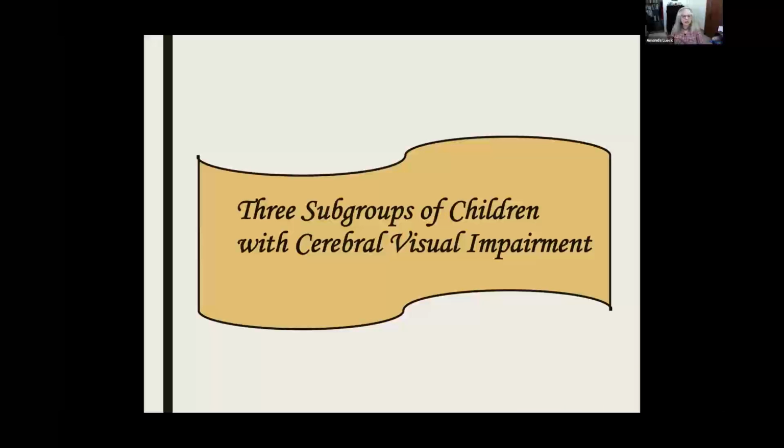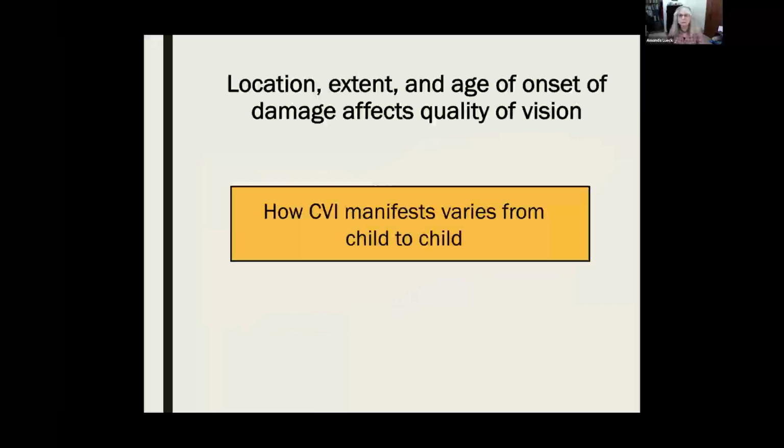So there are 3 subgroups of children with CVI. And the type of CVI that manifests varies from child to child, and it depends on the location, the extent, and the age of onset of the damage.